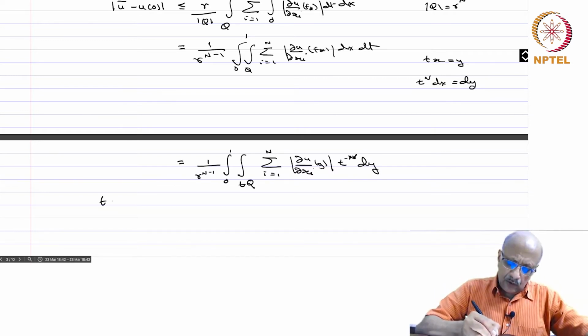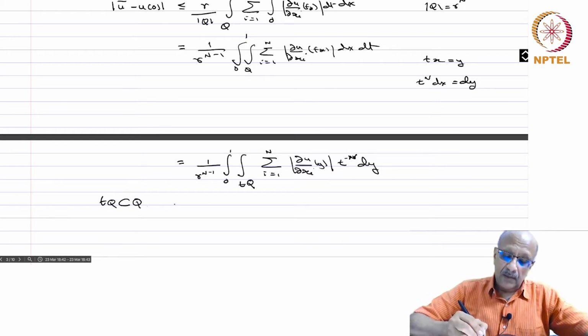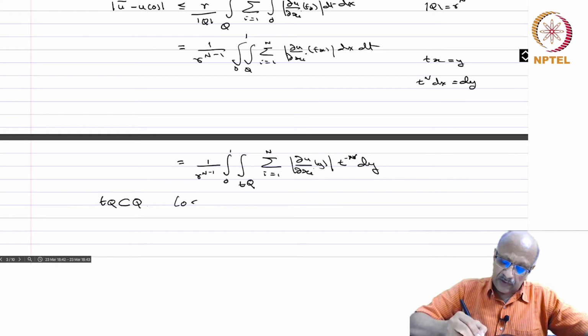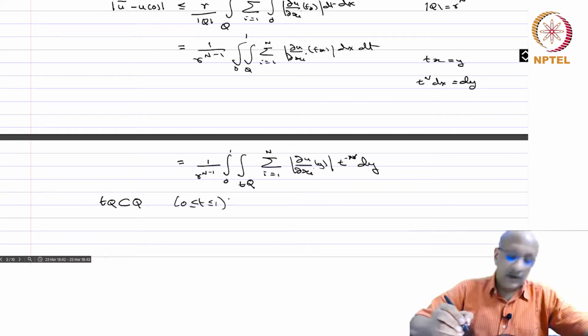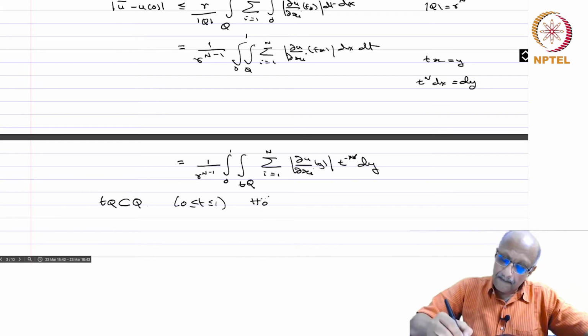Now tQ is contained in Q because t is between 0 and 1, so 0 less than or equal to t less than or equal to 1, and now you apply Holder to the inner integral.